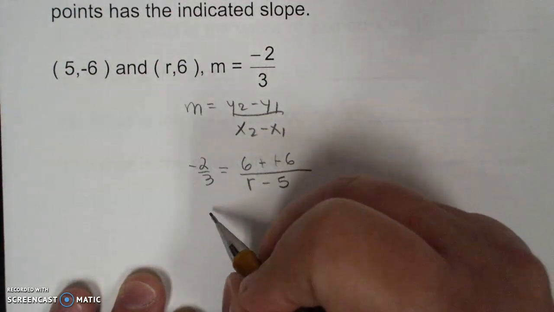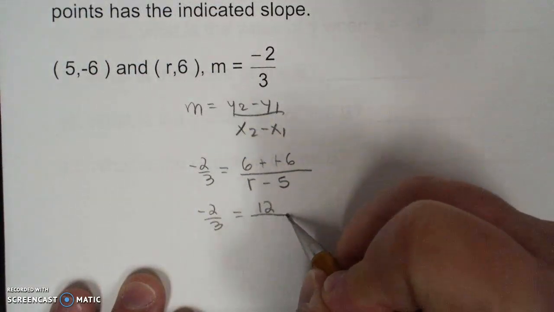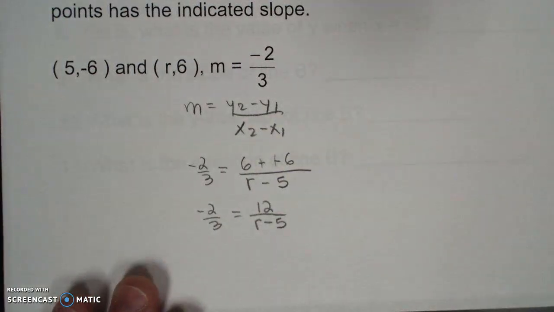Keep, change, flip. -2/3 equals 12 over r minus 5.